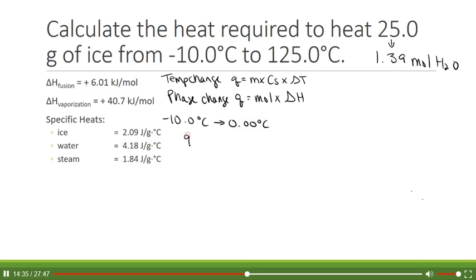So our Q here would be equal to our mass, 25.0 grams, times our specific heat of ice, because we are in this solid phase. So 2.09 joules per gram degrees Celsius, multiplied by our temperature change, which is 0 minus negative 10, which is 10.0 degrees Celsius total.